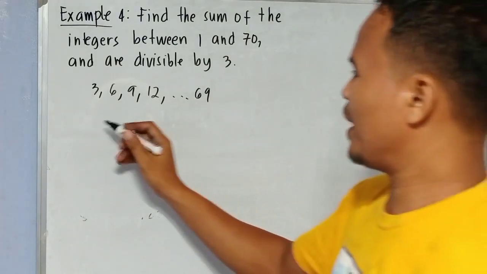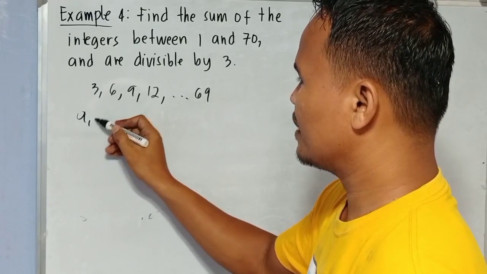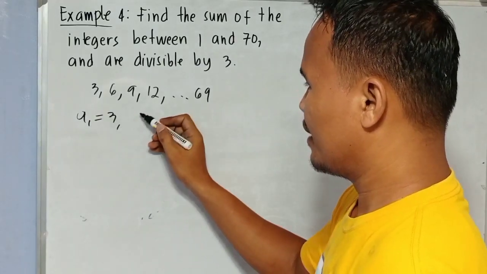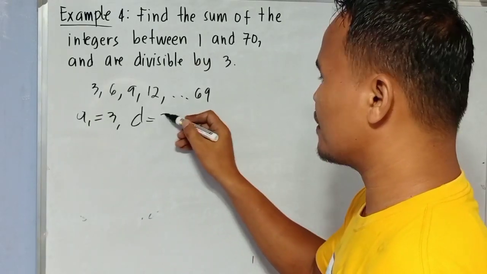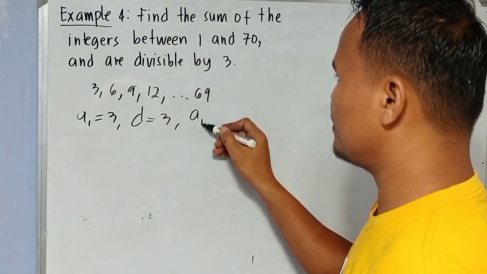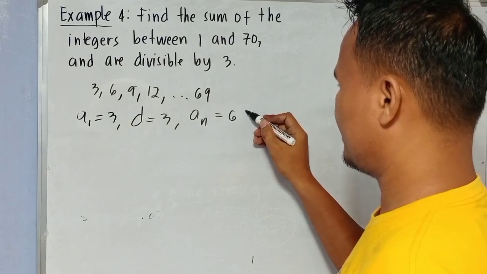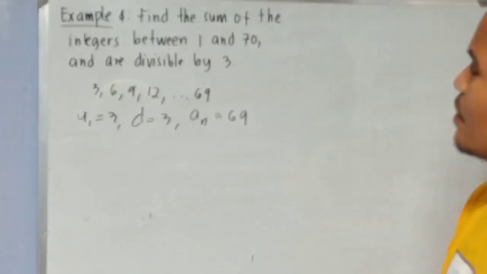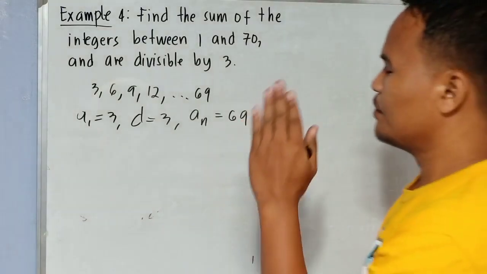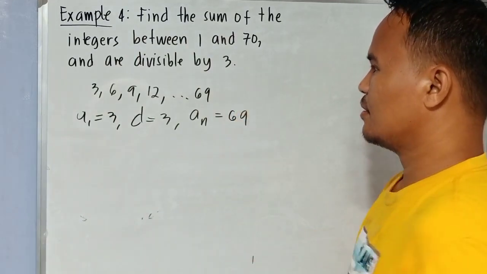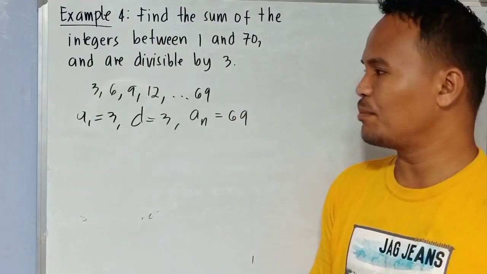So here, we can observe that the first term is 3. The common difference is also 3. And the last term is equal to 69. Okay, from 3 to 69, we do not know the number of terms.